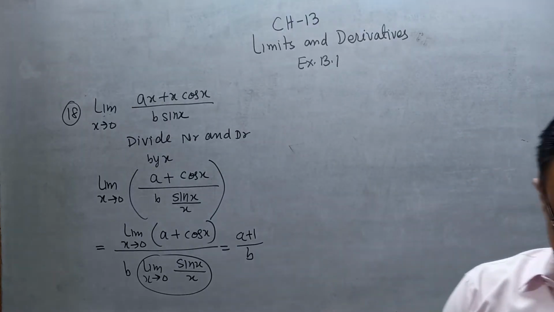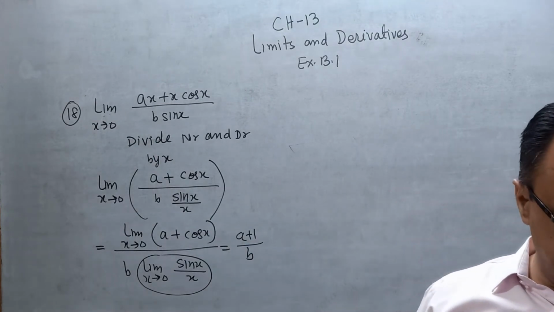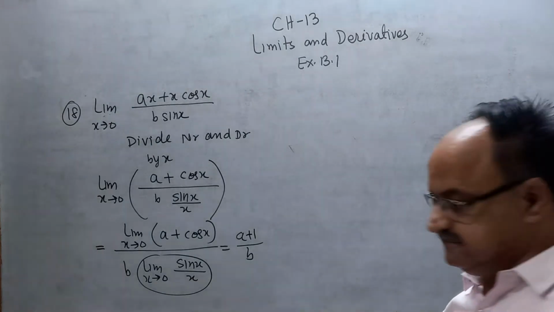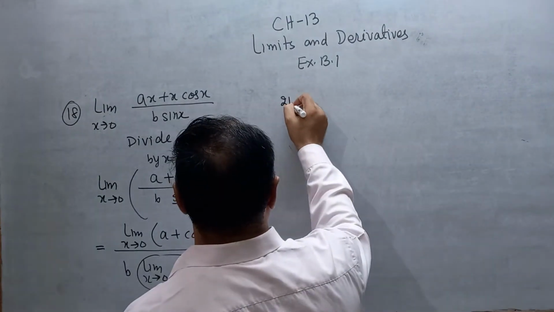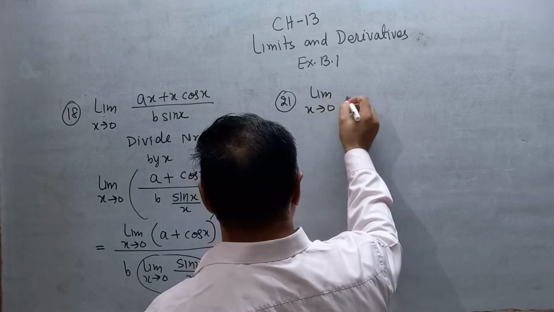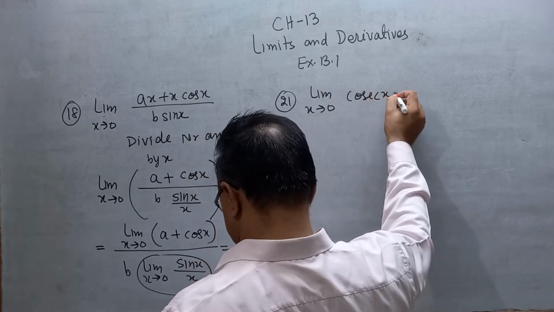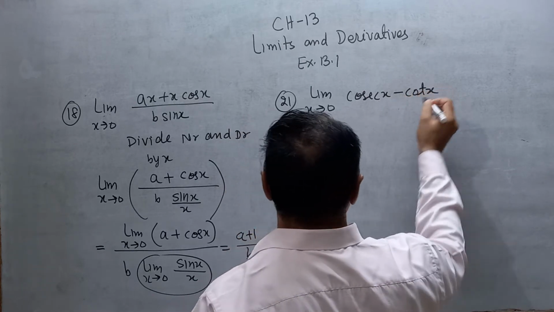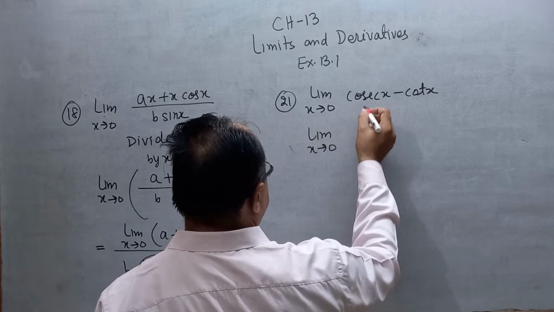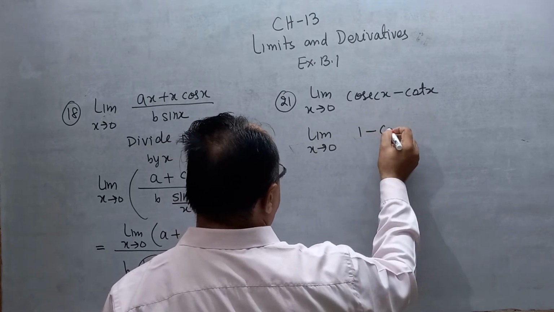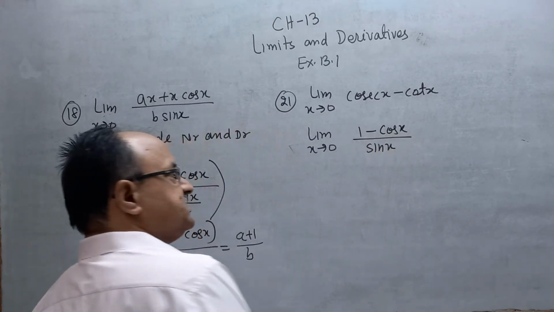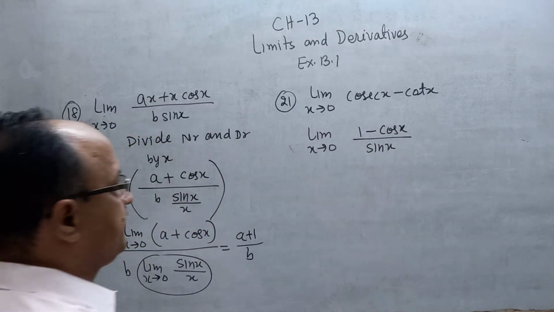Question number 18, 19 as it is. Question number 21. Limit x approaches 0, cosec x minus cot x. You know that this is 1 by sine and this is cos by sine, then you can take LCM.